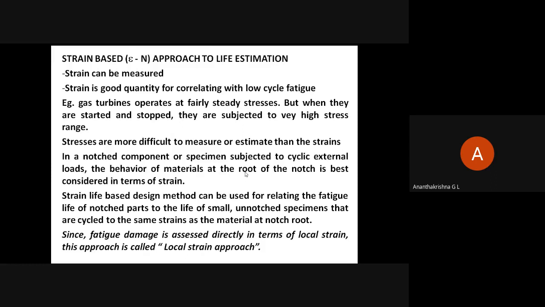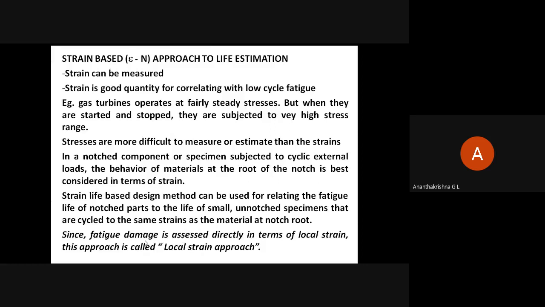In a notched component subjected to cyclic external loads, the behavior of material at the root of the notch is best considered in terms of strain. A strain based design method can be used for relating fatigue of a notched part to the life of small unnotched specimens that are cycled to the same strains as the material at the notch.